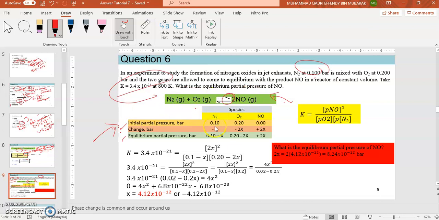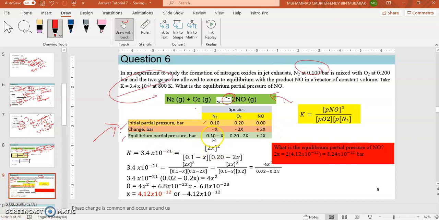Here we put x, because the change is 1 mole of N2 and O2. Here we have 2 moles of nitrogen oxide, so we put 2x. However, x is an unknown value, so we need to calculate it. The equilibrium partial pressures are the initial plus the change, so 0.100 minus x, 0.200 minus x, and 2x.